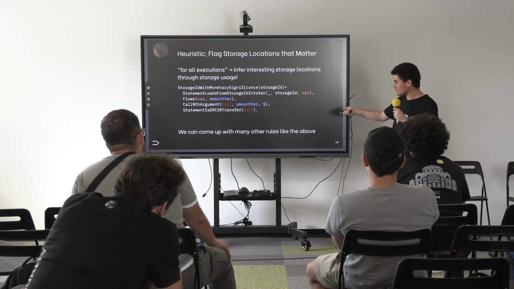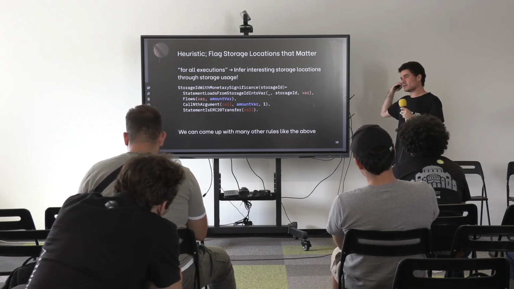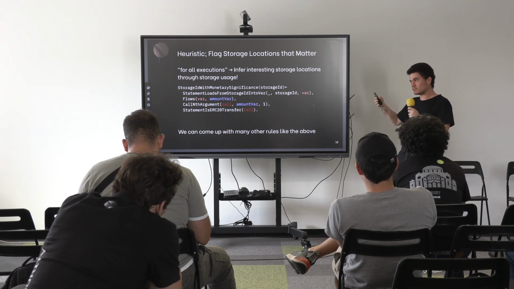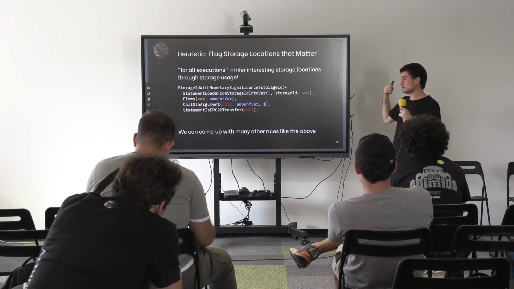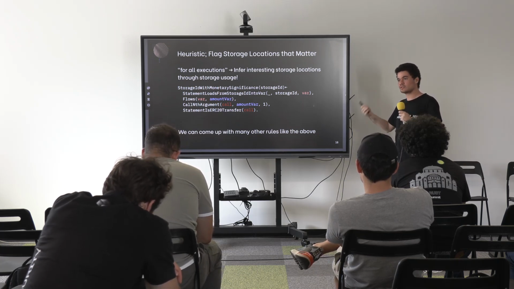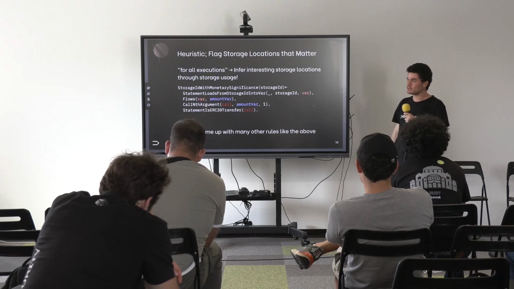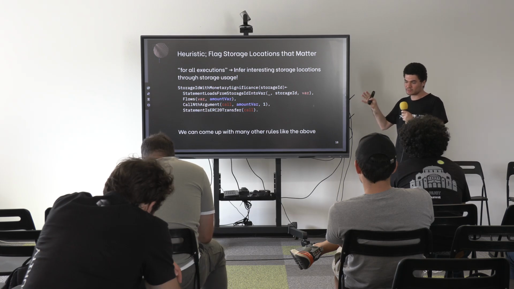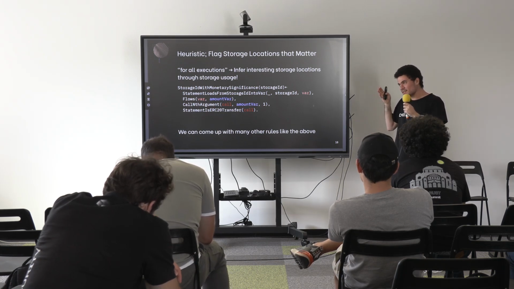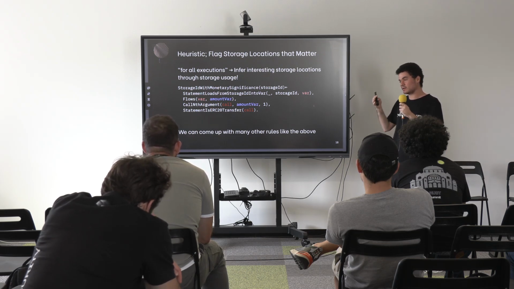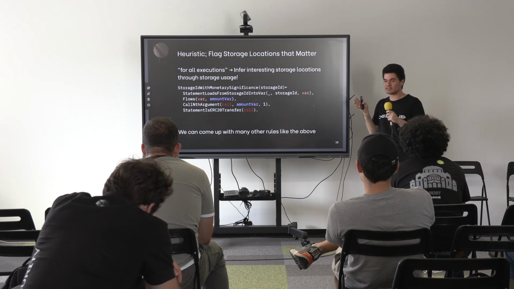But in this case, we can use the inferred storage usages in the contract to see, for example, that a storage location is being loaded, and that location then flows into a transfer. So this tells us that the storage location we just read from is a slot with monetary significance.